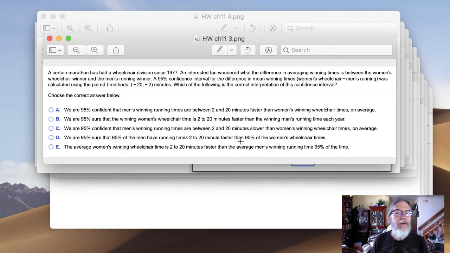So it's got to be one of these two. So are we sure that the winning time is faster each year? Well, no, what we're actually saying is when we take all of those and average them out. So I would say it's C.